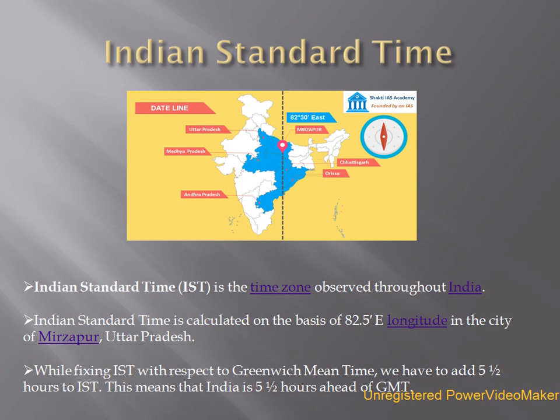While fixing IST with respect to Greenwich Mean Time, we have to add 5.5 hours to GMT. This means that India is 5.5 hours ahead of GMT. Now, many children will have a doubt: ma'am, how do we add 5.5 hours? For this, we will go to the next slide to tell you about time zones.